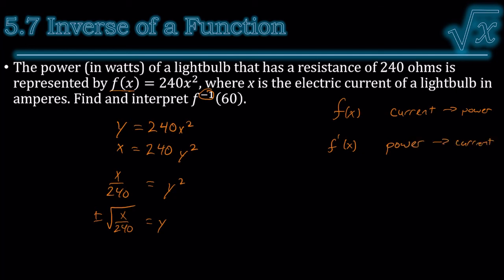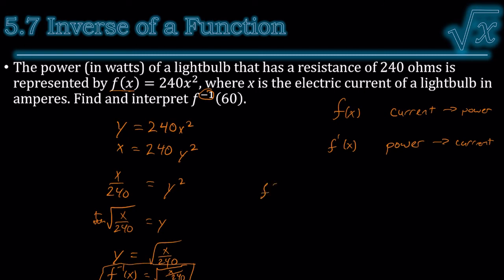Now, it's not plus and minus. We're just going to use the positive. So we have that. Now, we started with an f of x. We should probably finish by writing it in functional notation, like that, where it's f to the negative 1, which means inverse f of x.